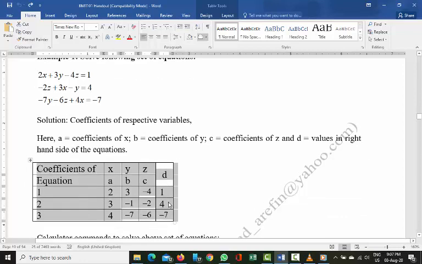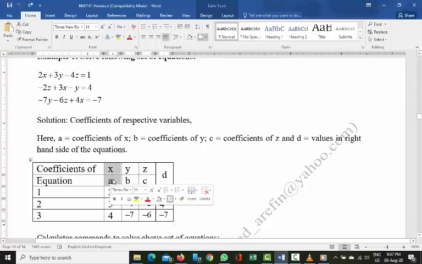So we have 3 equations there. The coefficient of the first variable will be considered as a. Coefficient of the second variable will be considered as b. Coefficient of the third variable will be considered as c, and whatever you have on the right hand side of the equation will be considered as d.